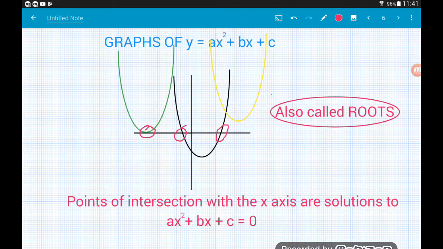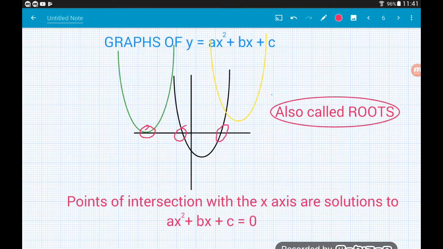So when we plot quadratics, if they cross the x-axis at all, then we call those points either solutions or roots. And we call them solutions because they are solutions to ax squared plus bx plus c equals 0.